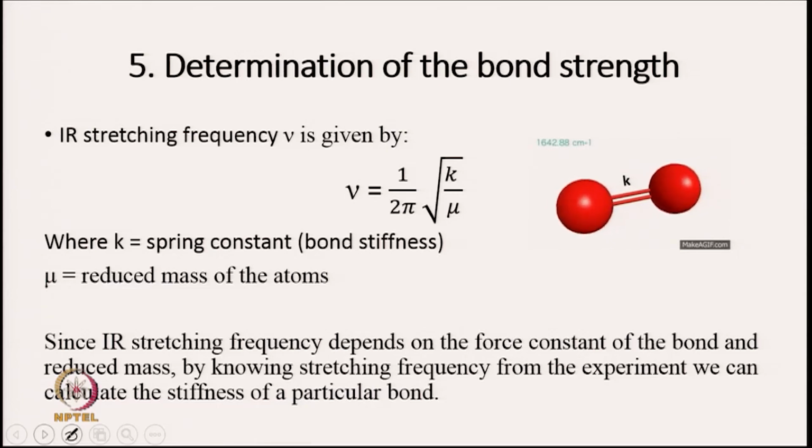So, by looking at k you can determine the bond strength. If the bond strength is high, then k is going to be high. By knowing the stretching frequency from the experiment, we can calculate the stiffness of a particular bond.